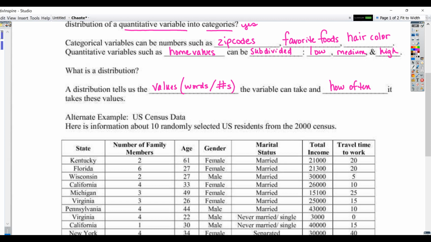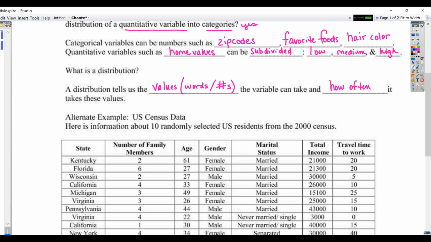So a distribution could just be, for example, if I look at a set of the Unit 4 test scores, it would tell me all the different scores that I got, and then I would know how often I got certain scores. And that's a good point to make here: if I'm looking at test scores, that is a quantitative variable. But if I look at the A's and the B's and the C's, then guess what? Then it becomes a categorical variable. So another good example of how the two different types of data can blend together.